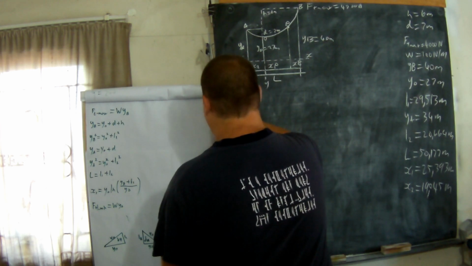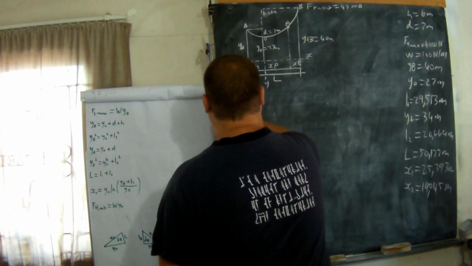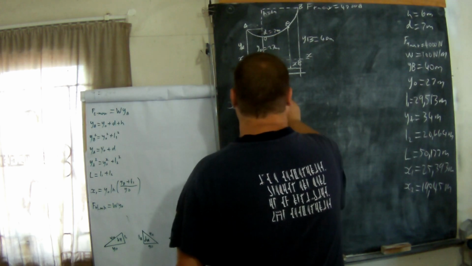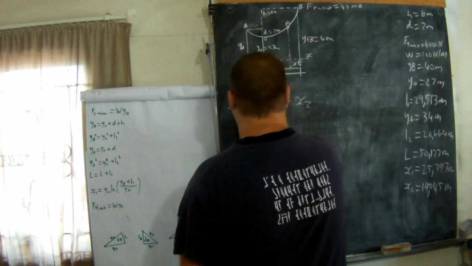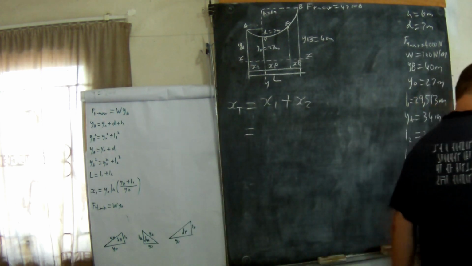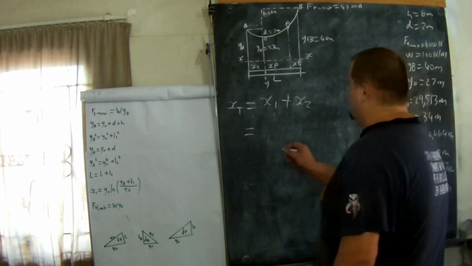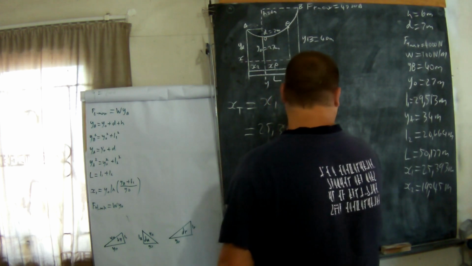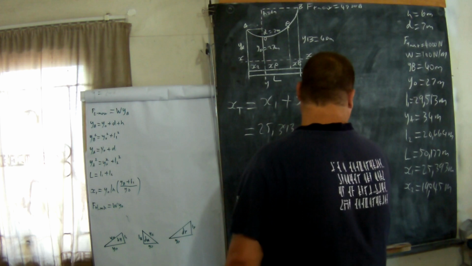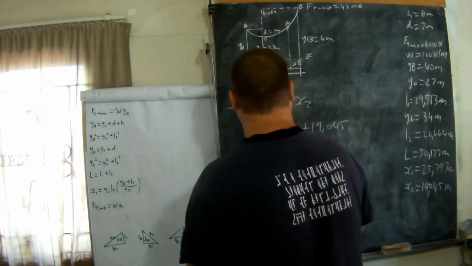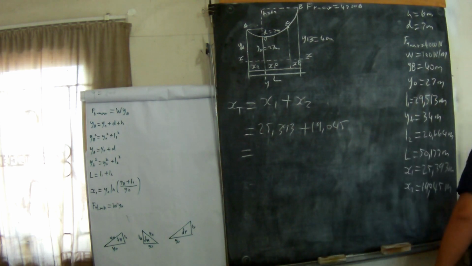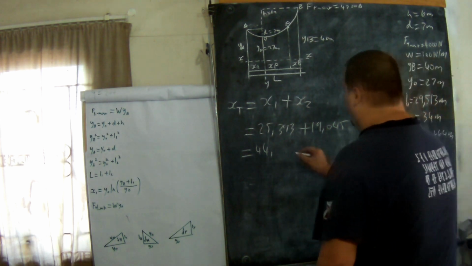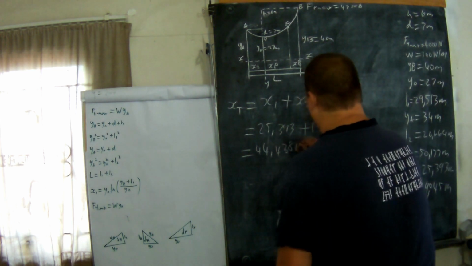So x total is equal to x1 plus x2, which is equal to 25,393 plus 19,045, and that is equal to 44,438 meters.